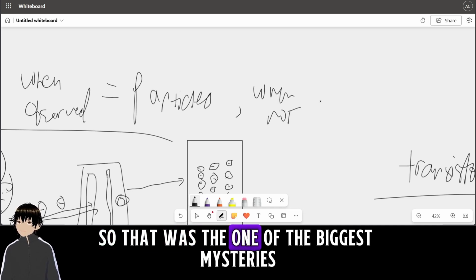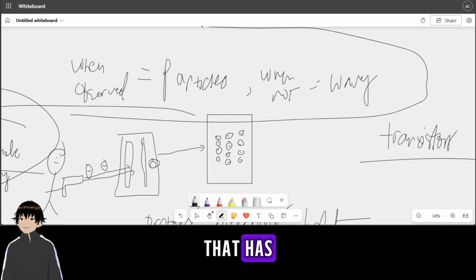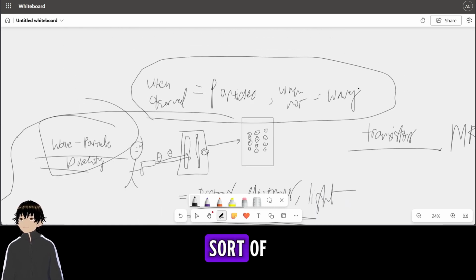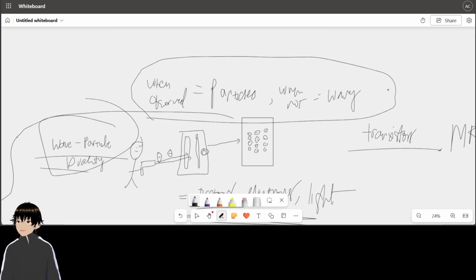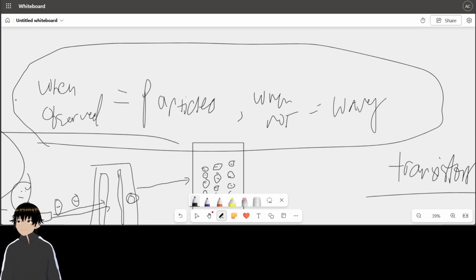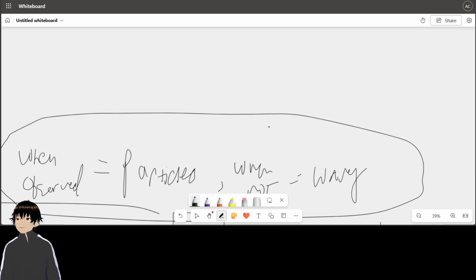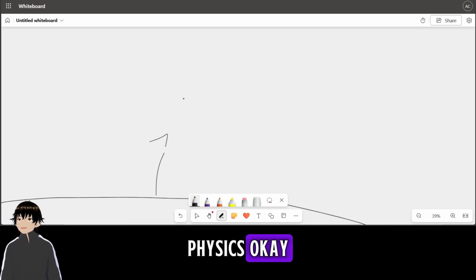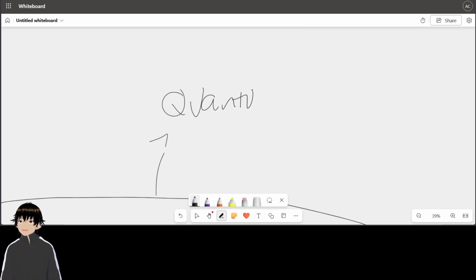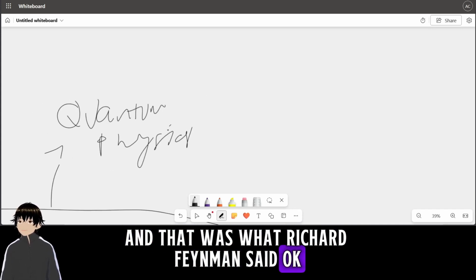So that was one of the biggest mysteries that scientists stumbled upon when it came to quantum physics, and that was what Richard Feynman said.